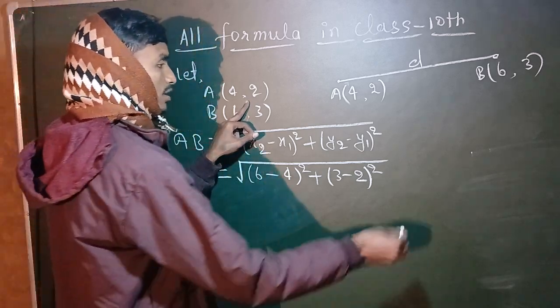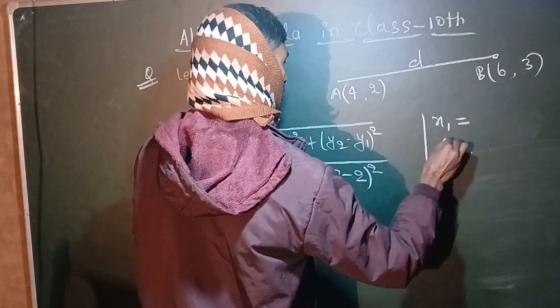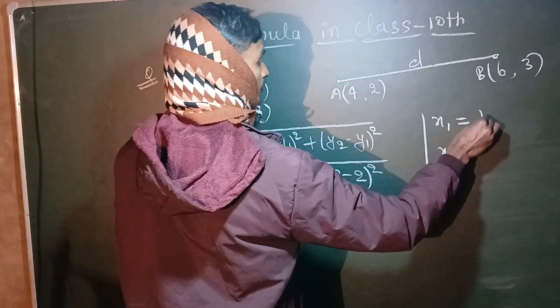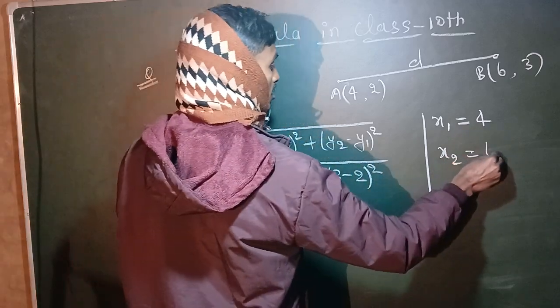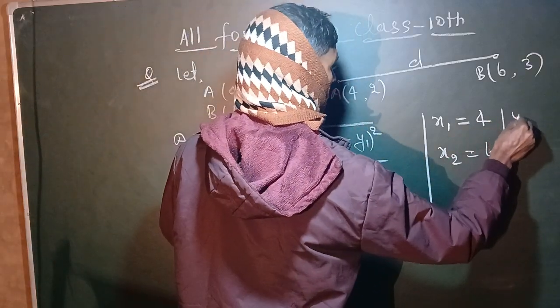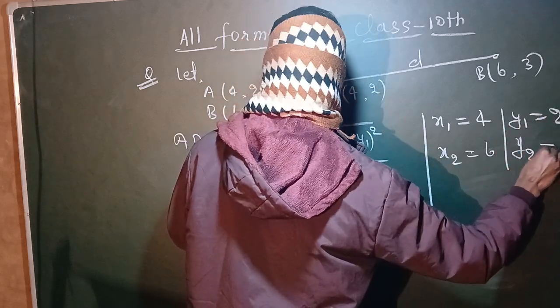I explain this value: x1 is 4, x2 is 6 and y1 is 2, y2 is 3.